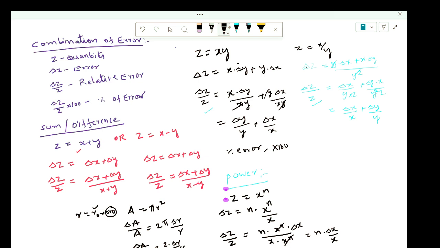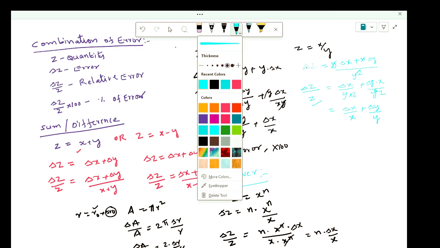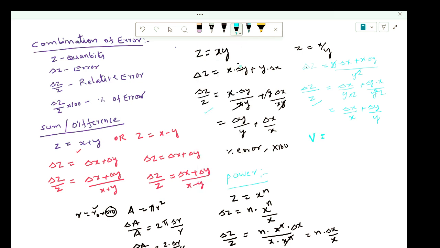Similarly, for volume, I want to give an example; that is the reason I am taking the power rule here. The volume V of a sphere is 4 by 3 pi r cube. Now dV by V is the change, equal to 4 by 3 pi into 3 r square into dr by 4 by 3 pi r cube.